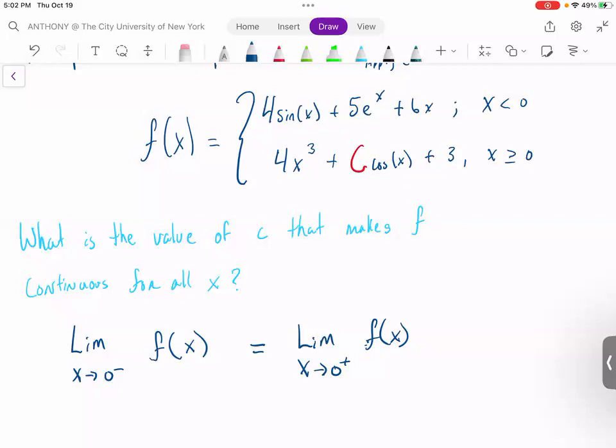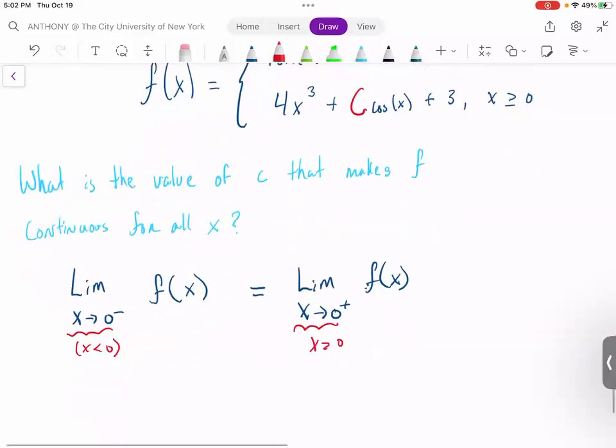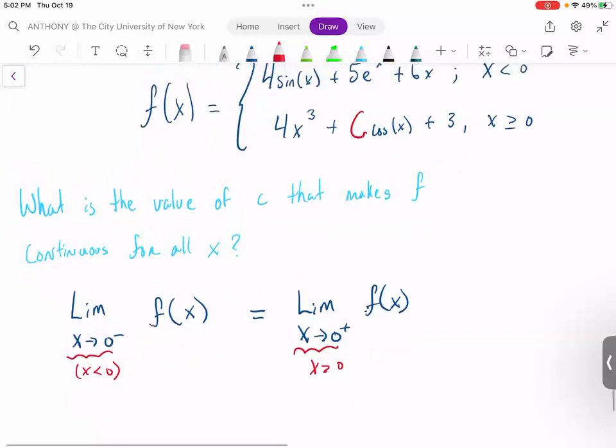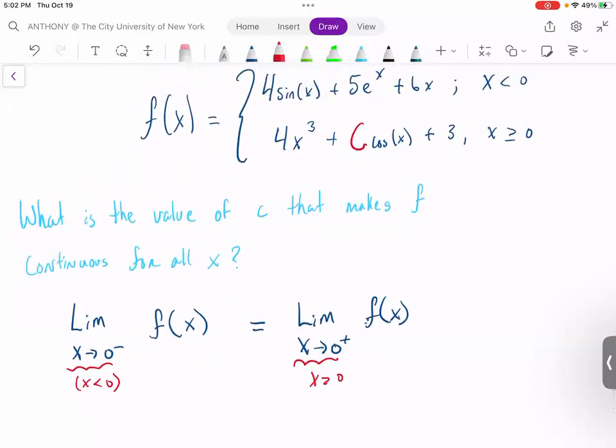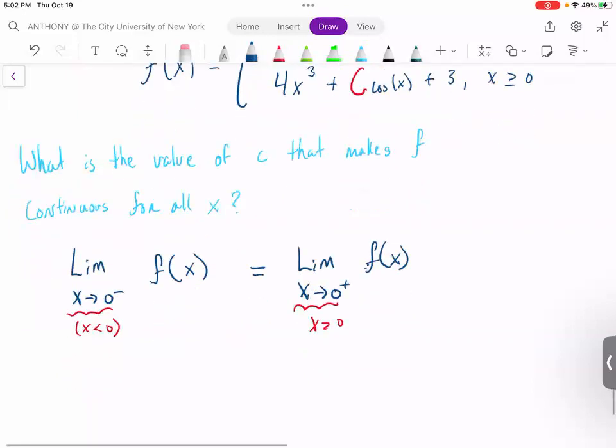It's less than 0. On the other hand, 0 from the right would mean x is greater than 0. So I can use the first equation on the left-hand side, and on the right-hand side, I can use the second equation.